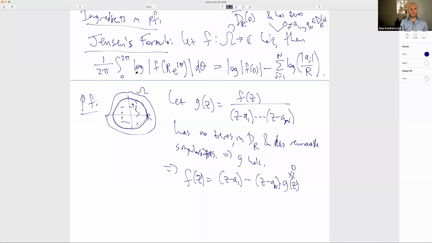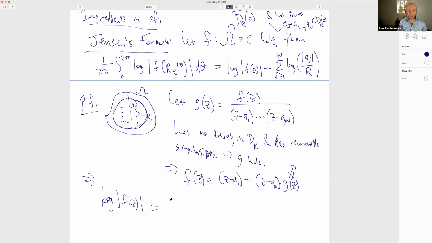And the nice thing about the problem of integrating log of absolute value of f is that we're taking absolute value, so this is the real log. We're not doing some complex log shenanigans. This is the usual real log.